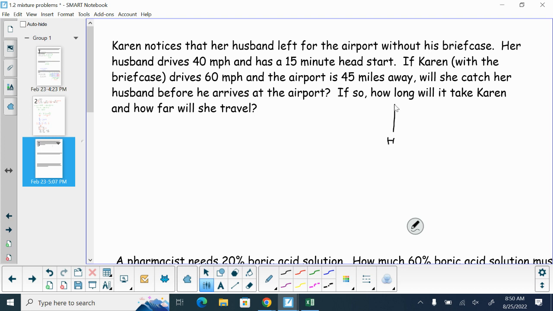So this is the house, this is the airport. The husband takes off, has a 15-minute head start, but he's traveling 40 miles per hour. The wife starts driving at 60 miles per hour.